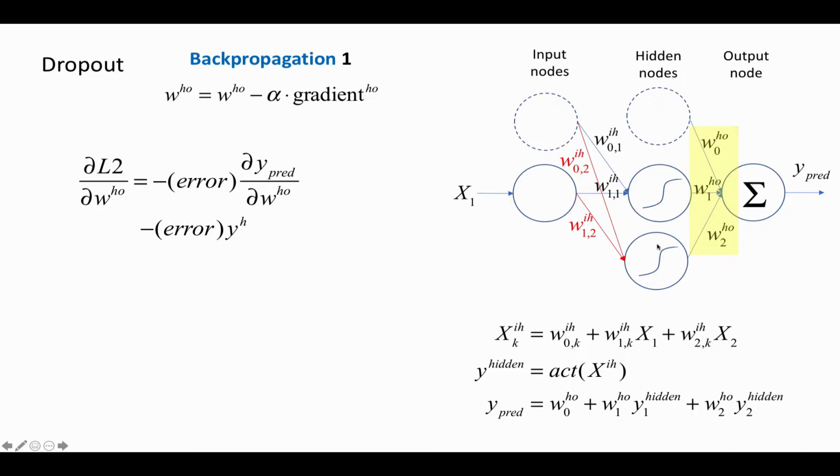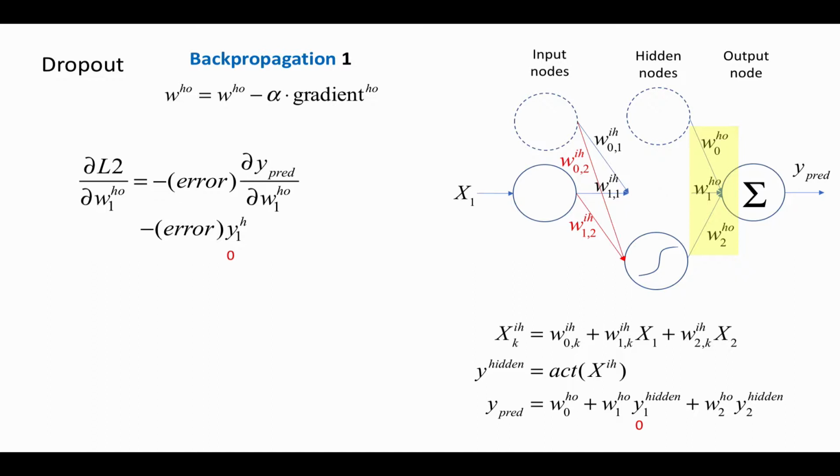So if you want to remove this node here in the middle, from the input to y predicted, you would just set this y hidden value to 0, and thereby you're removing it. It no longer contributes to y predicted.